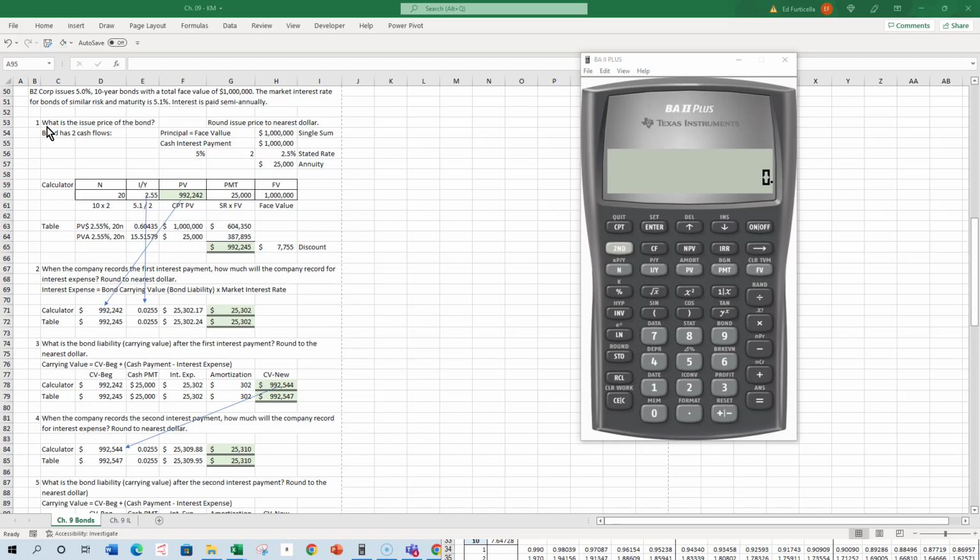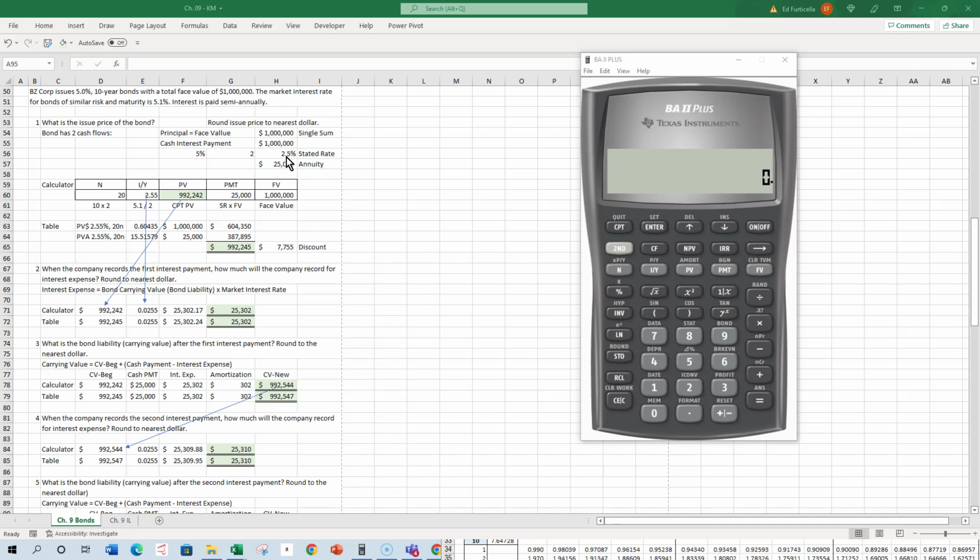Remember, bonds have two cash flows, a principal or a face value, and in this case that's $1 million. That's a single sum or lump sum. And then the cash interest payments. The cash interest payments are determined by taking the stated rate and multiplying by the face value.